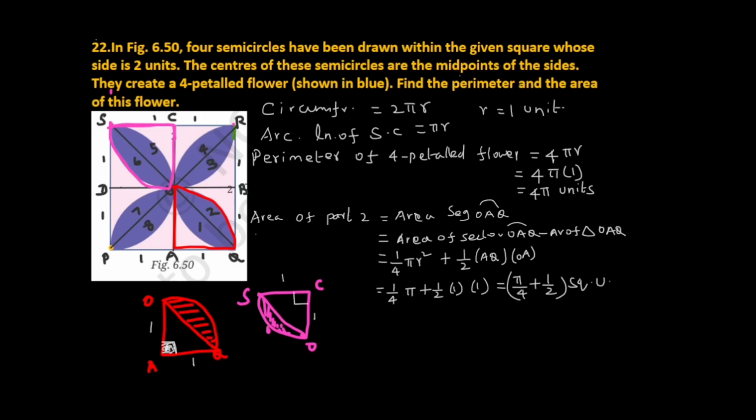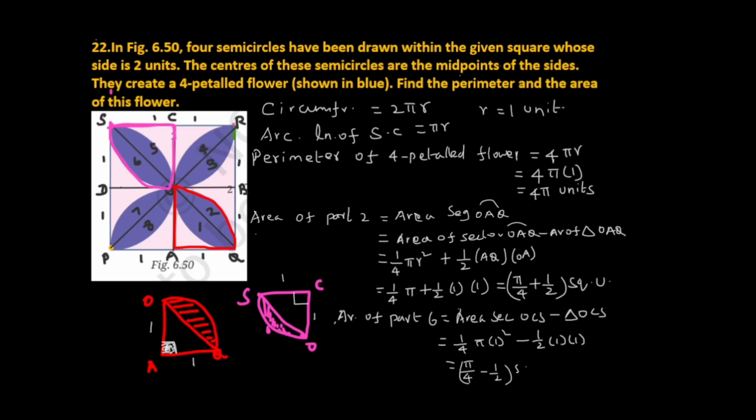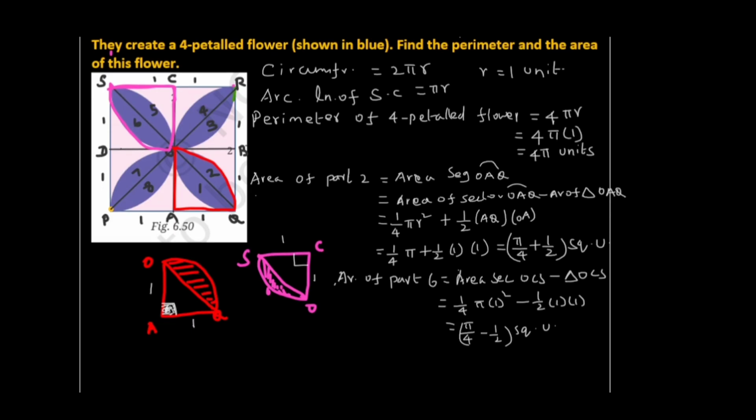The same thing. Area of part 6 is equal to the area of sector OCS minus the area of triangle OCS. So 1 by 4 pi r squared minus 1 by 2, 1 into 1. So the same one we are getting, pi by 4 minus 1 by 2 square units. So each part of the petal has area pi by 4 minus 1 by 2 square units.